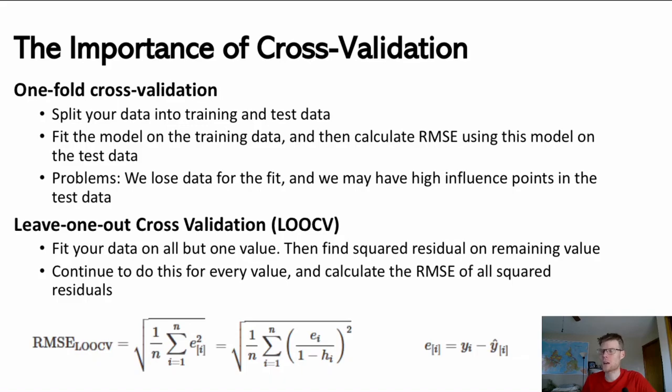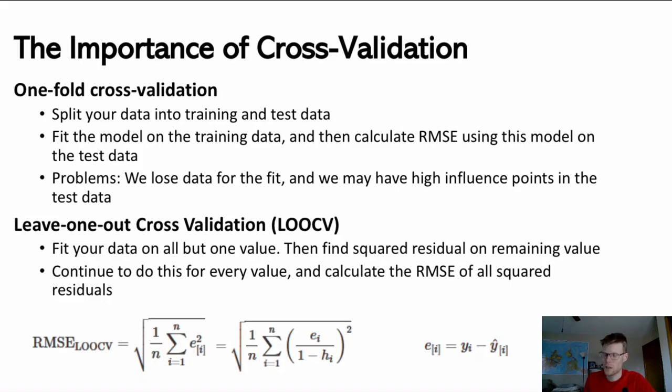So instead of actually iteratively doing this, there is an equation that lets us do this in one step, and that is by taking the residuals divided by 1 minus the hat value for each individual observation, and then we just sum this up, divide by n, and take the square root.